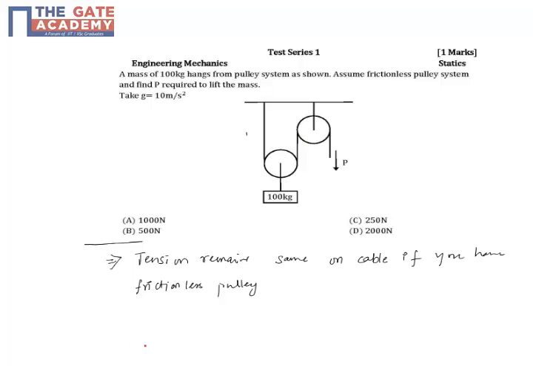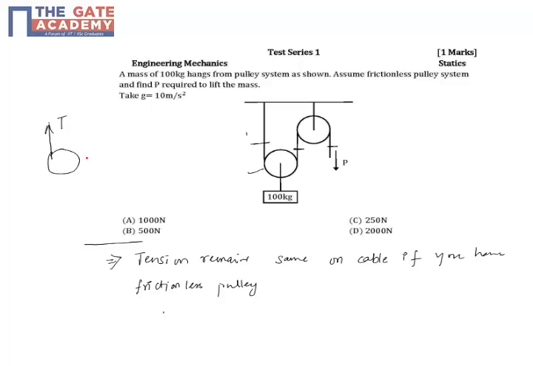So here, we take the bottom pulley first and draw the free body diagram. Assume that in this single cable, T is the tension. Here T is the tension, and here also T, because it's a single cable and there is no friction.